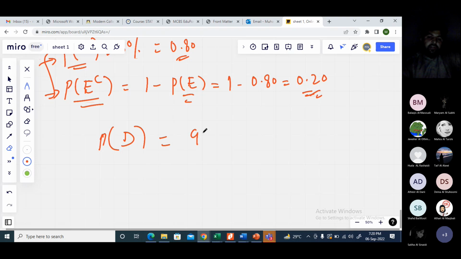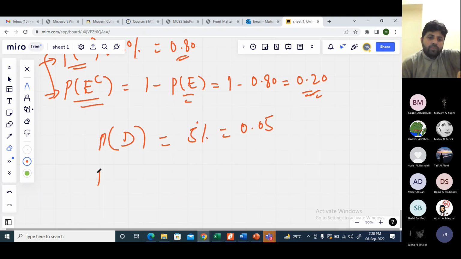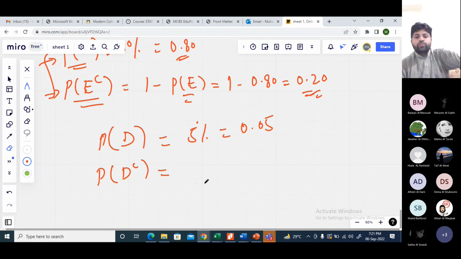So what is the probability of not defective? D is for defective, and D complement is for not defective.